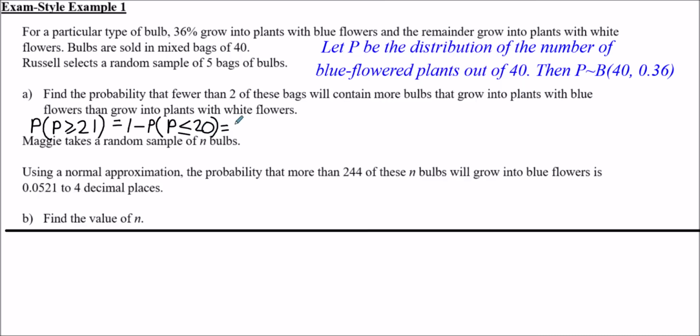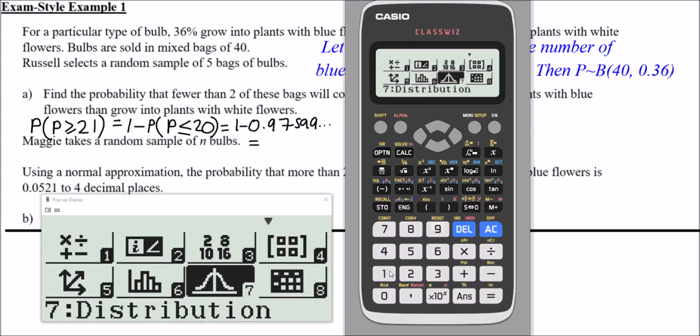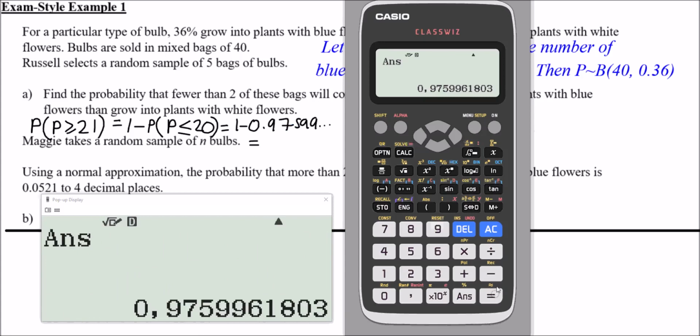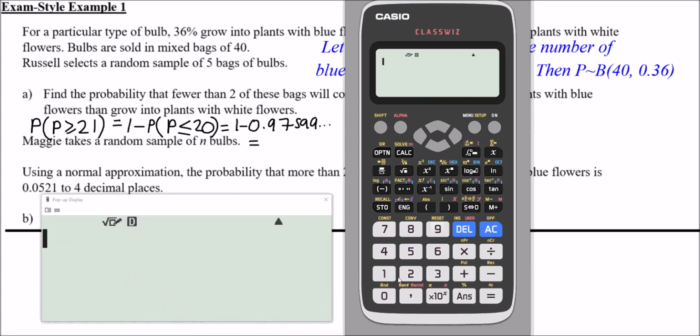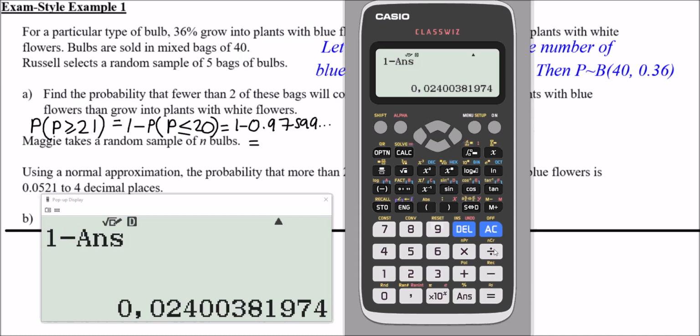0.97599. If we do this, we'll get our probability for just one bag having more than half blue flowers in it. So if I go back to normal mode, menu 1, that probability is stored. I do 1 subtract that. Because this isn't our final answer, I'm not going to round too soon.